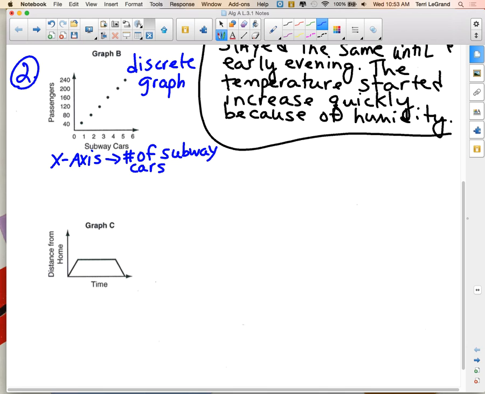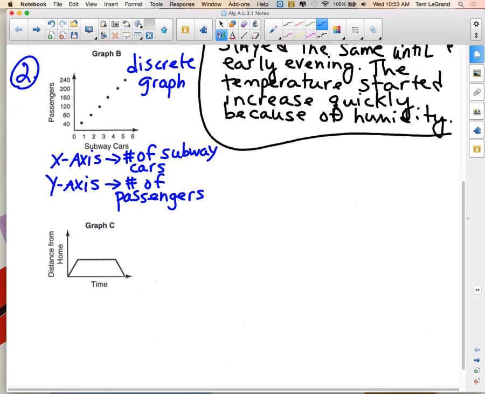So we're going to say something about those subway cars because we can see that they're numbered 1, 2, 3, 4, 5, and 6. Okay, and then the y-axis is representing what? Passengers. Okay, what about the passengers? The number of them, 40, 80, 120, yeah. So number of passengers.